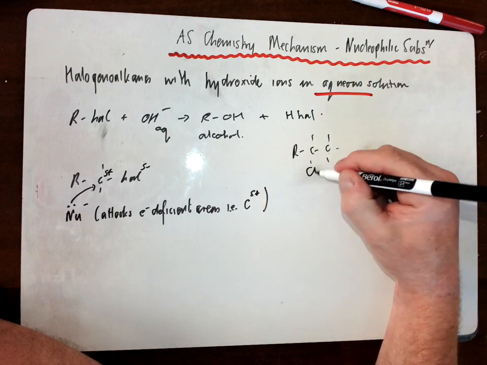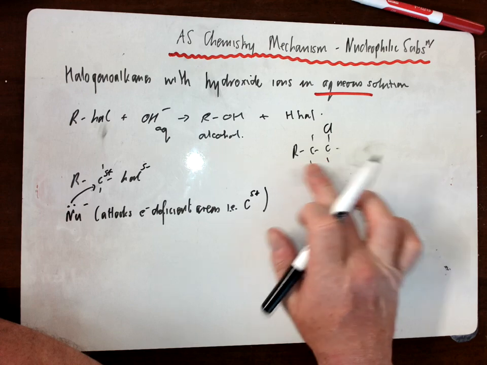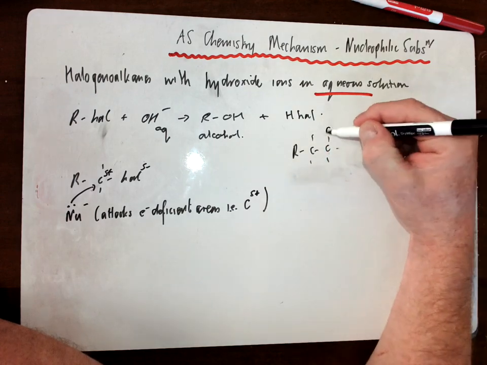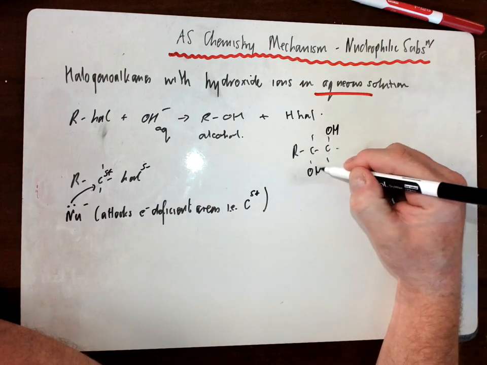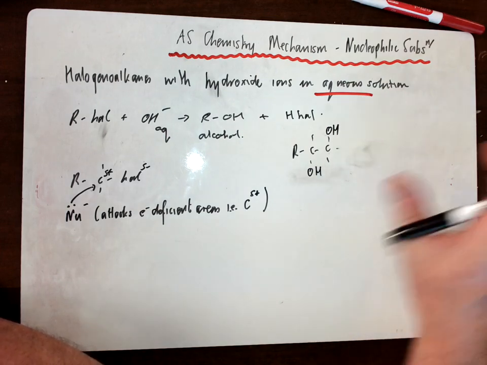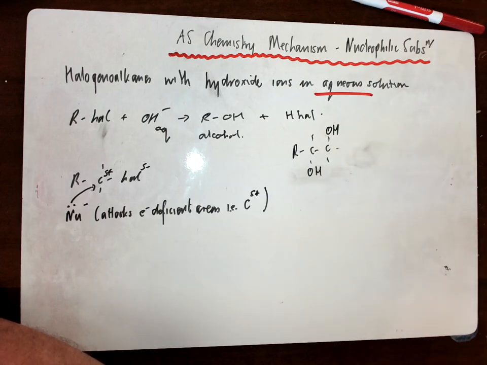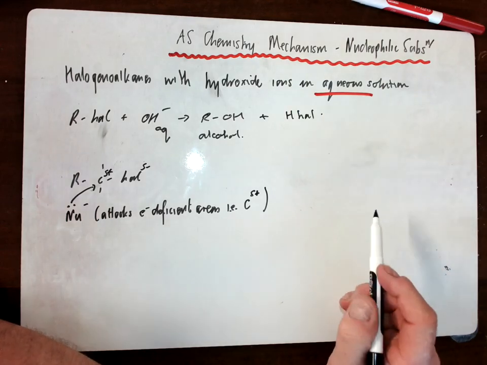Likewise, again, if I had two Cls or two Brs, both of those will go. Treat them exactly the same as one, and we will get what we call a diol, a dialcohol. So when you're writing the equation and drawing the structure of the product, and therefore naming it, like in much functional group chemistry, you follow that principle.